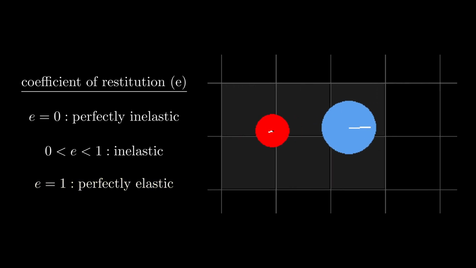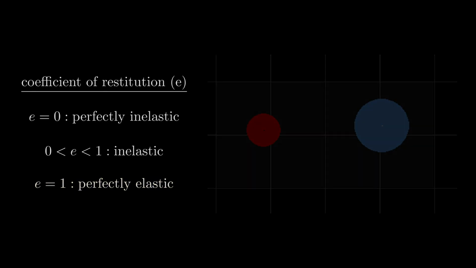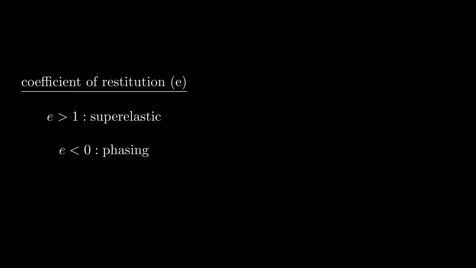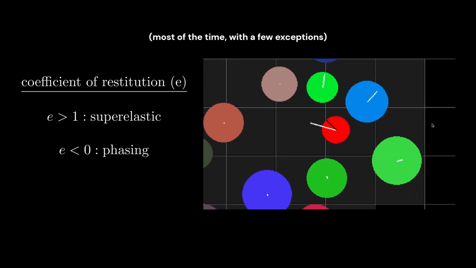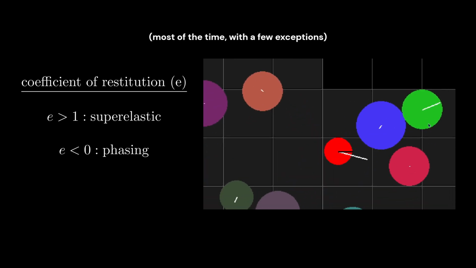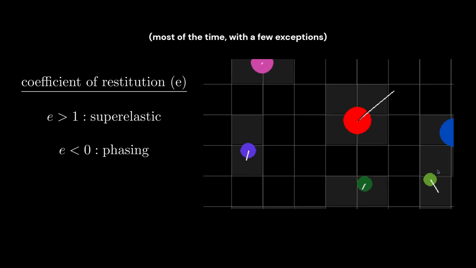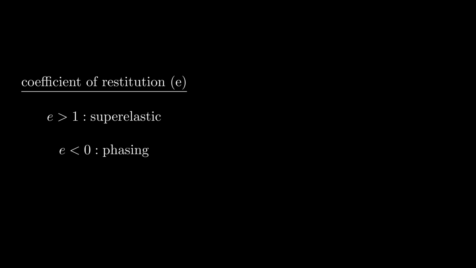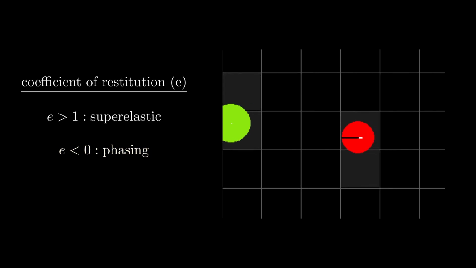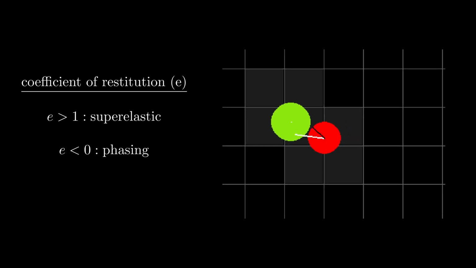When equal to 1, a perfectly elastic collision. Additionally, a coefficient of restitution greater than 1 would be considered a superelastic collision. Although not possible in real-world passive systems due to the conservation of energy, we can still simulate super bouncy entities here. Also, if we allow the coefficient of restitution to be less than 0, then objects would pass through each other on collision.